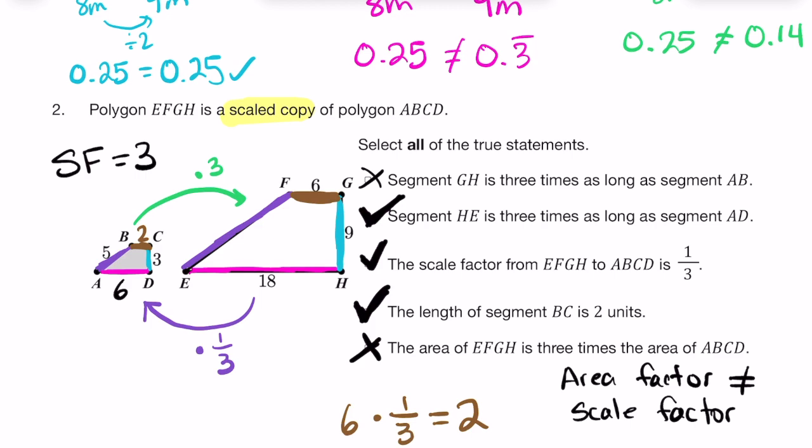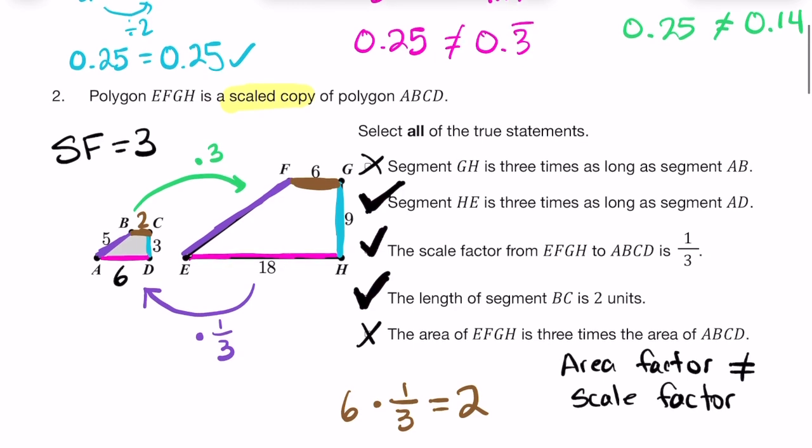But then when we go to find area, it's like you're factoring the scale factor twice. So the area factor is actually always different and generally larger. So anytime you see a problem conflating how much the area is changing with how much the side length changes, it should red flag, nope, that's not right. Okay, so it's those middle three.